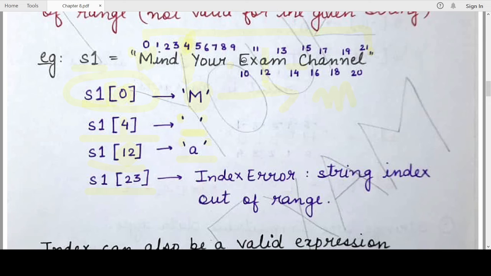I'll be explaining that in the next video. Let's not confuse that. So any positive value greater than 21 in this case would give you an index error. Why? Because the length of the string is 22 and the valid positive indices are from 0 to 21. Okay, so in this case, an index error would be returned.